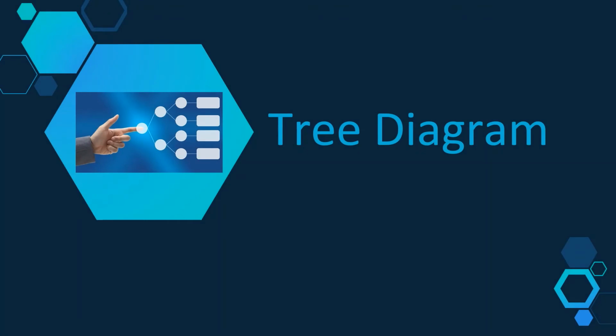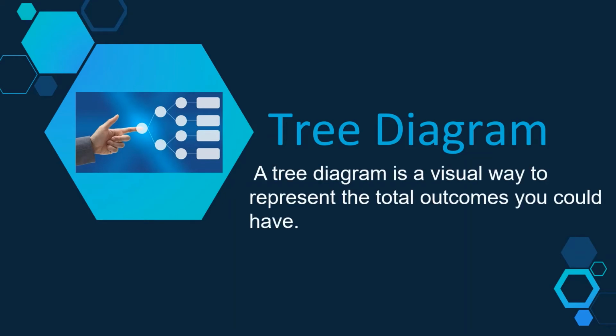Now, let's move on to tree diagram. A tree diagram is a visual way to represent the total outcomes you could have. It is a diagram used to show the total number of possible outcomes in a probability experiment.